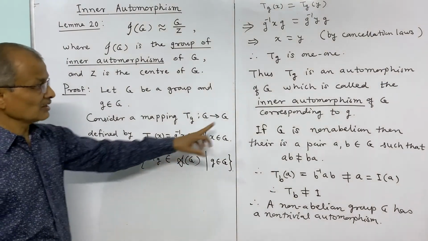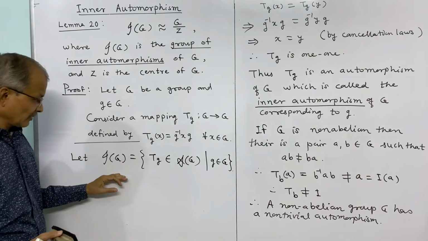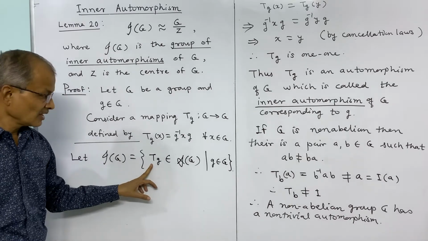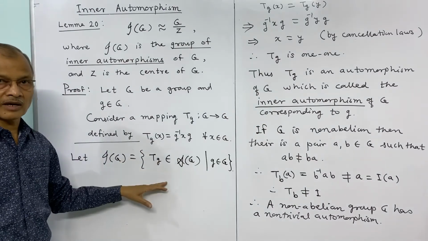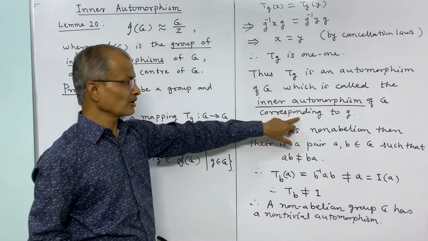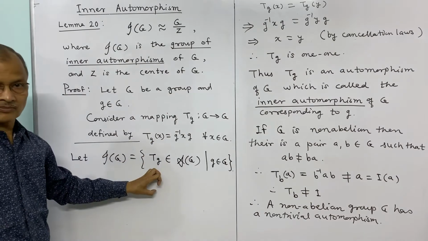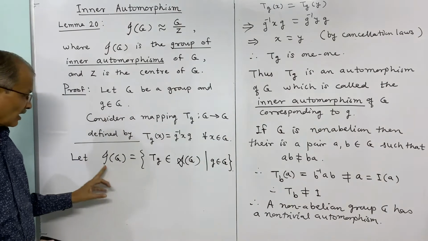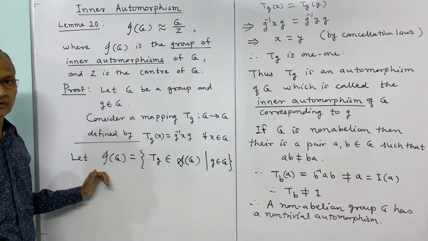We have shown Tg is an inner automorphism, and now we are forming the set script I of G of all inner automorphisms, the special automorphisms called the inner automorphism of G corresponding to element g, defined by this mapping. We consider all such inner automorphisms, denote the set by script I of G, and we now show this is a subgroup of A of G.